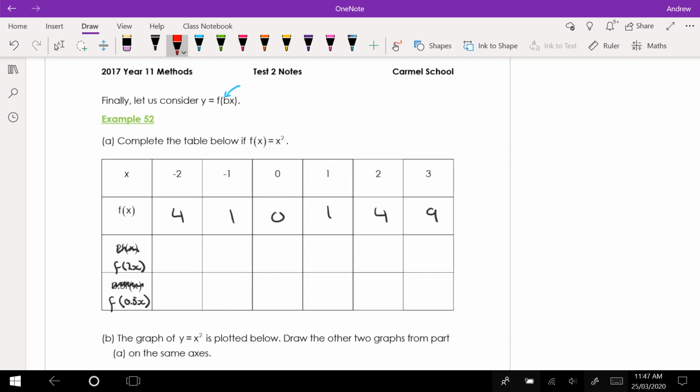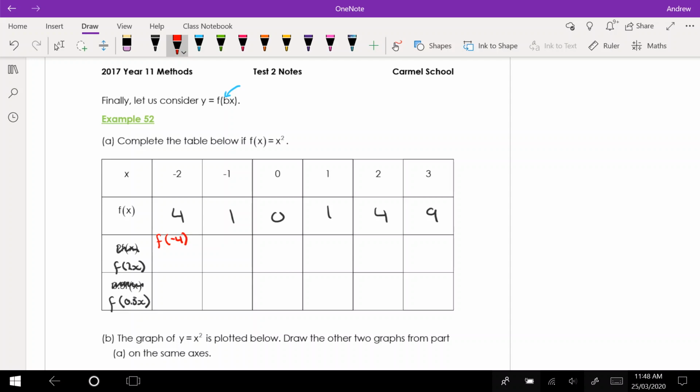So, same thing as before. We're not changing our function of x. We're changing our value of a function when x is negative 2. So when x is negative 2, I'm going to put it into this f of 2x. So what am I actually finding? The f of 2 times negative 2. The f of negative 4.